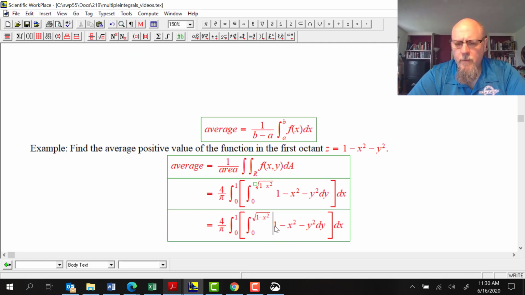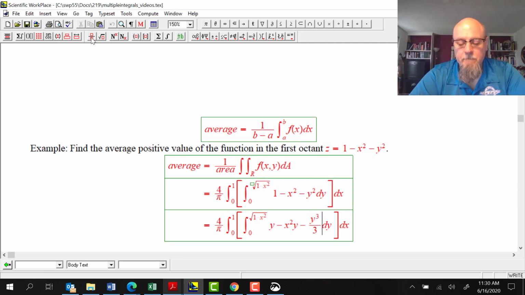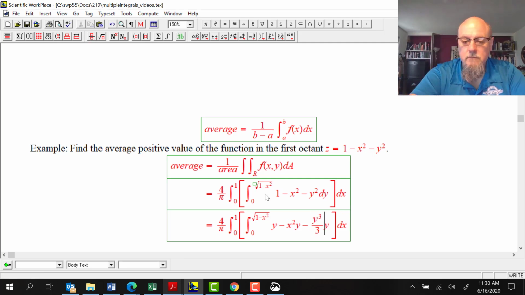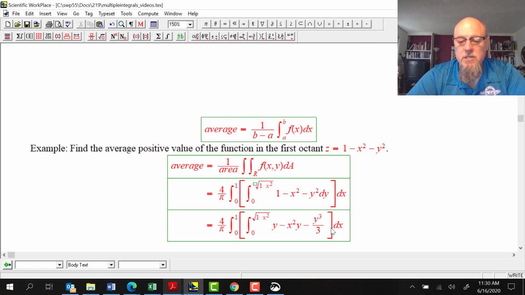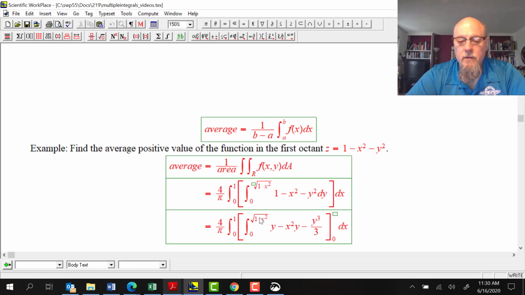if I integrate with respect to y, that's going to be x squared y, and this will be y cubed over 3. There's my integration. I want to integrate now from 0 to y equals square root of.